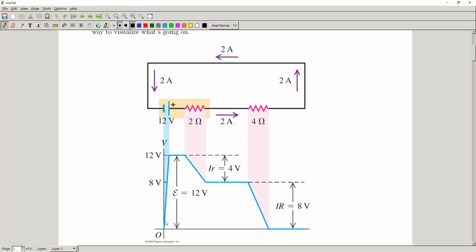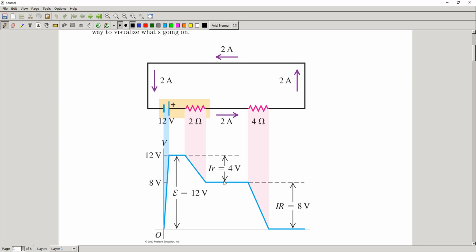So we have this increase in potential while we're moving across the conductor inside the battery. Before we get to the internal resistance of the battery, we have a constant potential. Then as we go across the internal resistance of the battery, we have a potential drop.